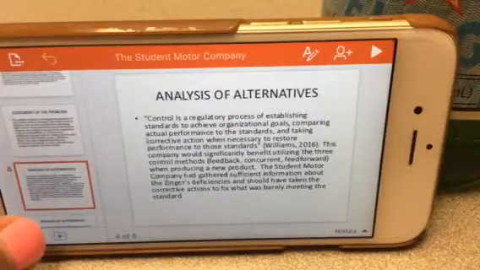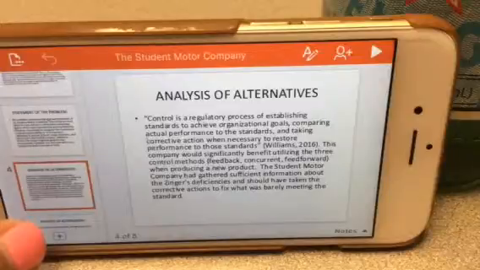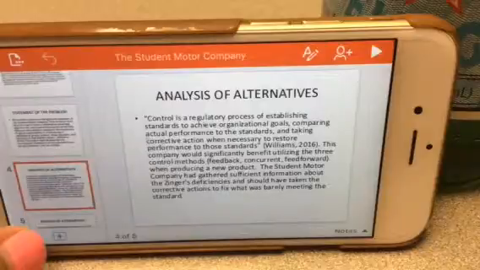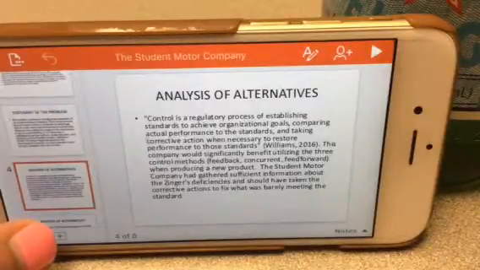Analysis of alternatives. Control is a regulatory process of establishing standards to achieve organizational goals, comparing actual performance to the standards, and taking corrective action when necessary to restore performance to those standards.